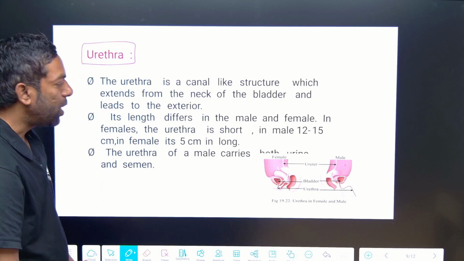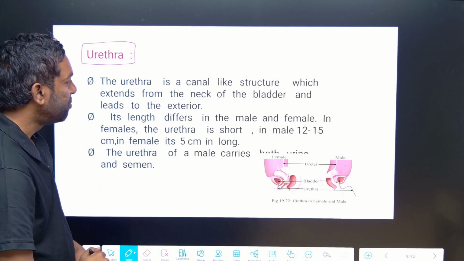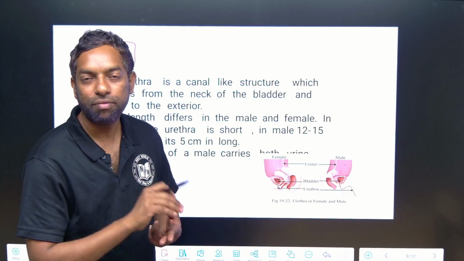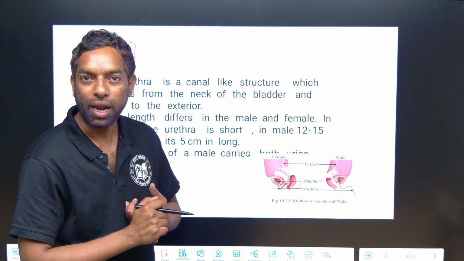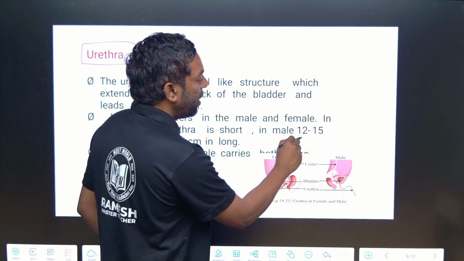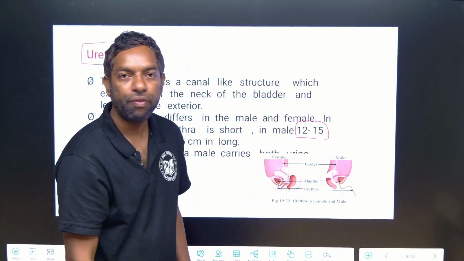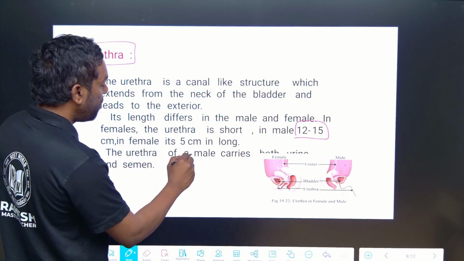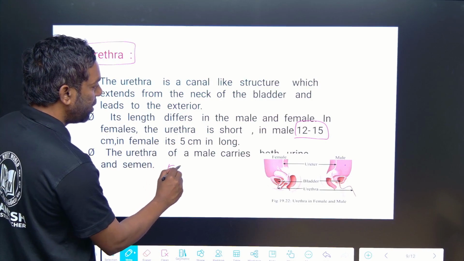Urethra, guys, it is most important. There is a difference between male and female. The length of the urethra is different between male and female. This is a previous year question. In the male, the urethra is 12 to 15 centimeters. In the female, it is about 5 centimeters only.